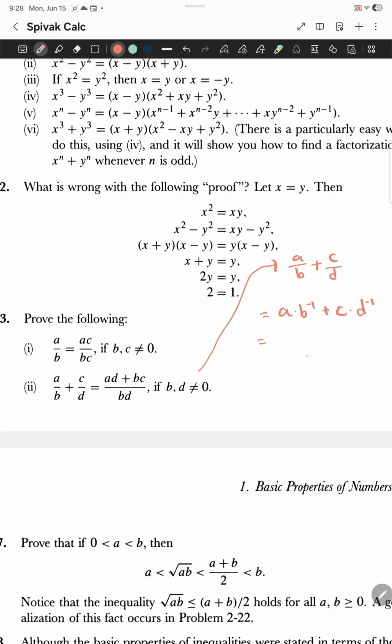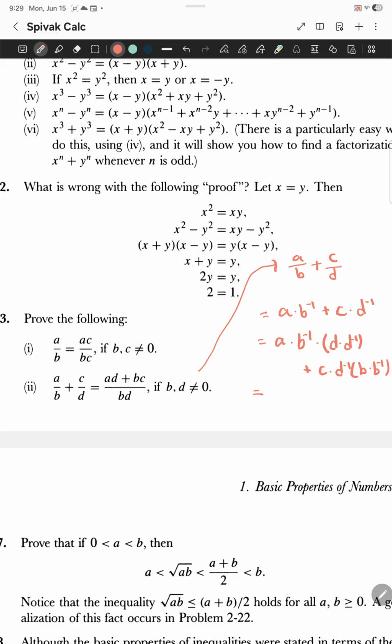We can make this side multiply by 1 but with d terms, d times d to the power of -1, plus c times d to the power of -1 with b terms, sort of like trying to make the common denominator for both.